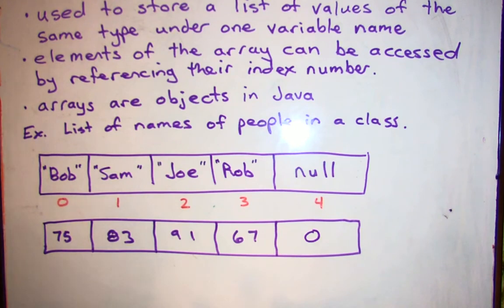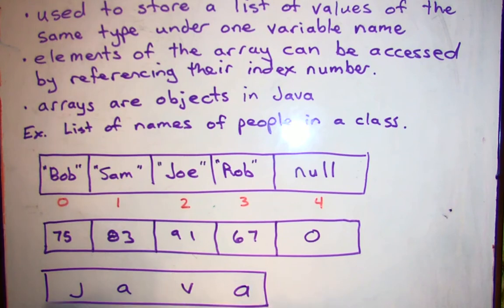So this concept is a little bit familiar maybe because we just talked about strings, and strings really are an array of chars. So if we have the word Java, then we can think about that as being an array where each element in the array is a char. I'll put it in single quotes because chars are all in single quotes, right?